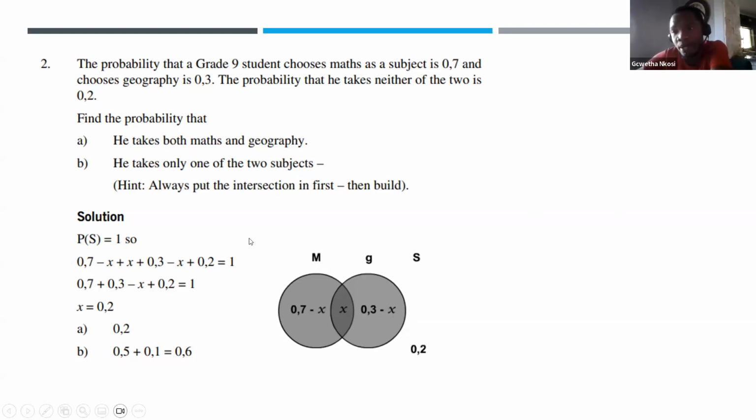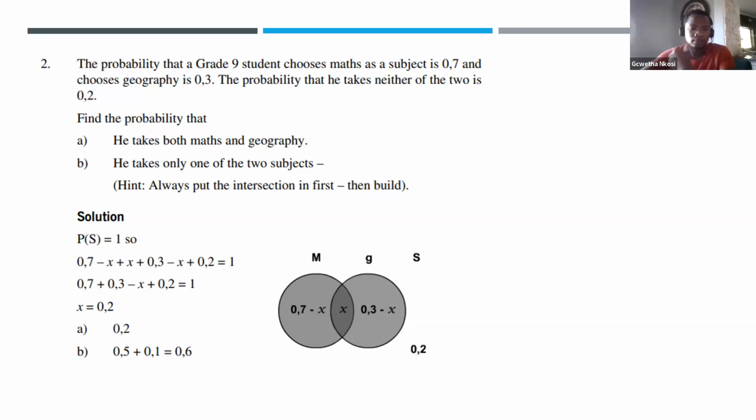Now, remember, the probability of the sample space must always add up to 1. So since it must give you 1, how are we going to find the intersection? Let us look at how we're going to find that intersection.